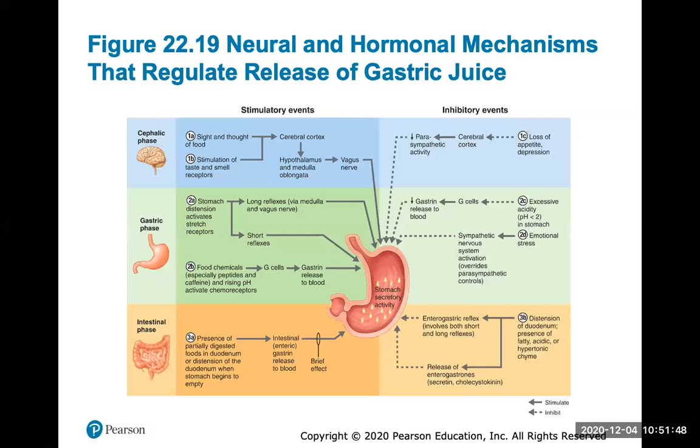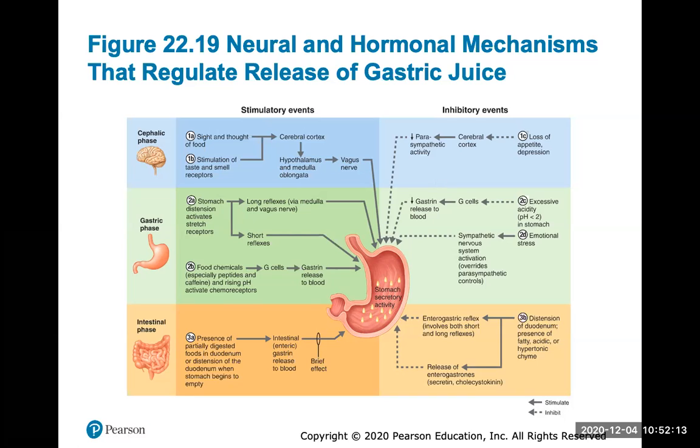And we'll look at this as a final summary of the neural and hormonal mechanisms that regulate the release of gastric juice. Again, I won't have you guys know all these phases, but there are different stimulatory events, such as the sight and thought of food, and stomach distension, which activates stretch receptors, and also inhibitory events that will inhibit this.